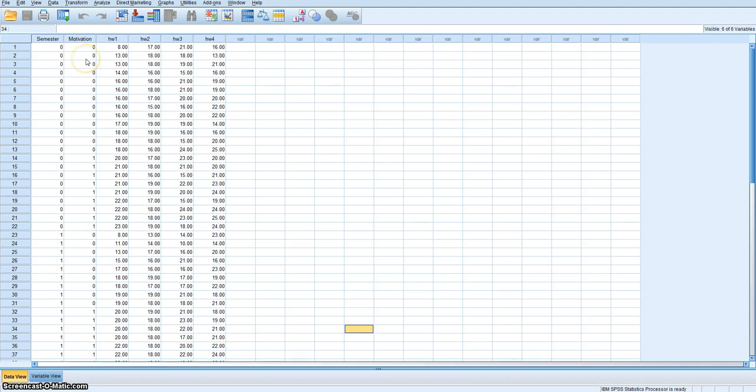Another important thing is that we have to match our scores across participants. So if this is Johnny, we want to make sure that this is Johnny's first score and this is Johnny's second score. If this is Mary, we want to make sure that this is Mary's first score and this is Mary's second score.